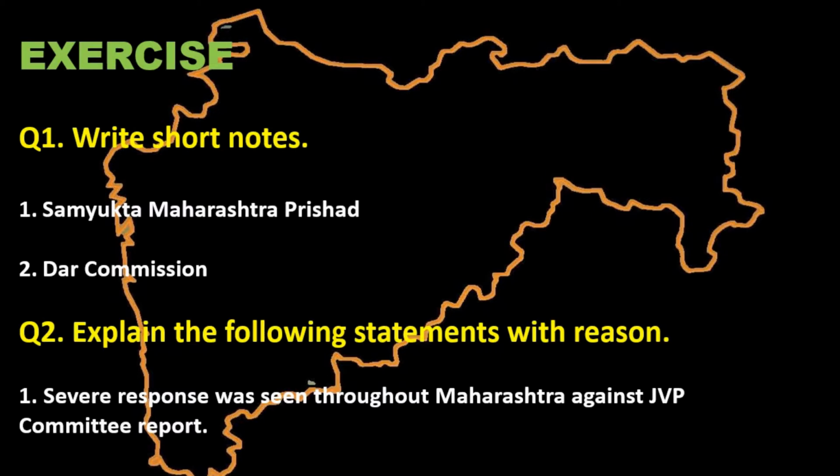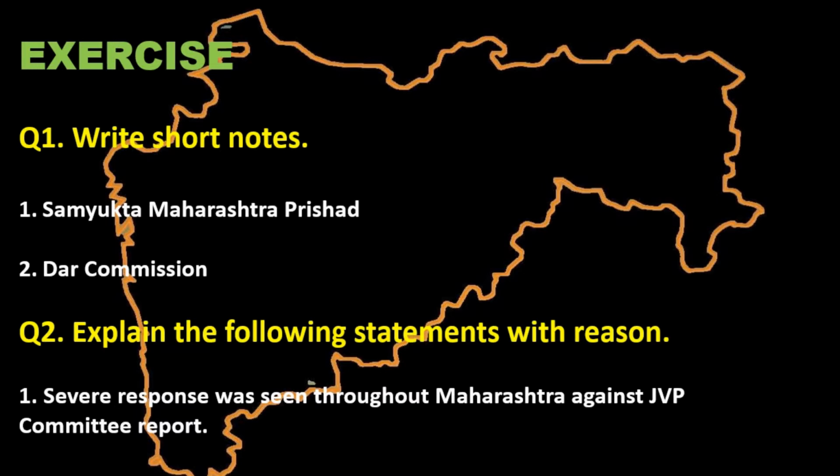Now student, the second question is, explain the following statements with reason. The statement is, severe response was seen throughout Maharashtra against the JVP Committee report. Now the answer includes 3 points. First, the Congress appointed a 3 ministers committee on 29 December 1948 to study the conditions of creating linguistic provinces.